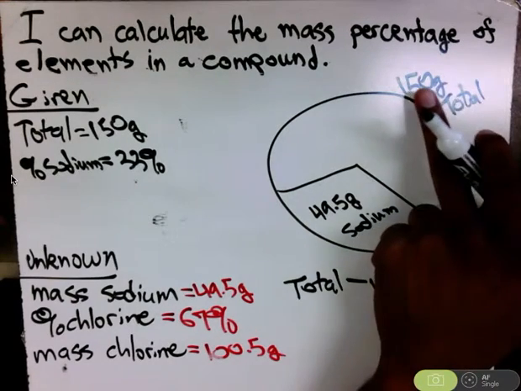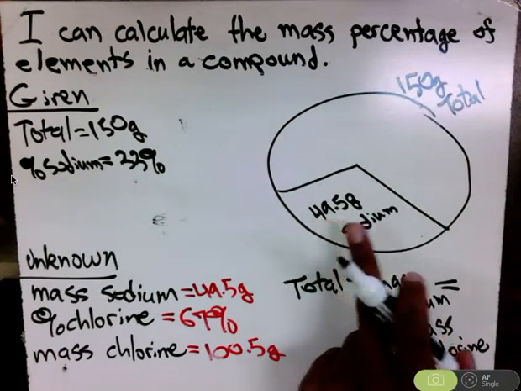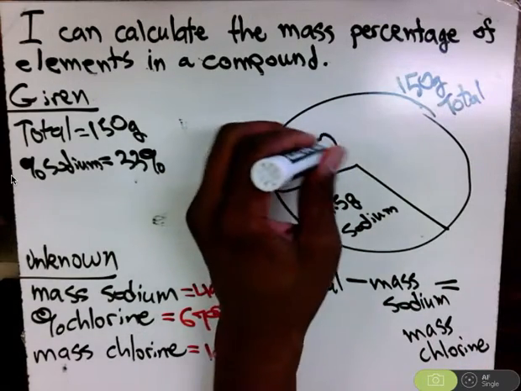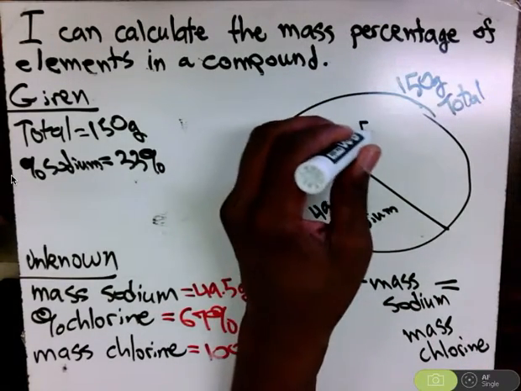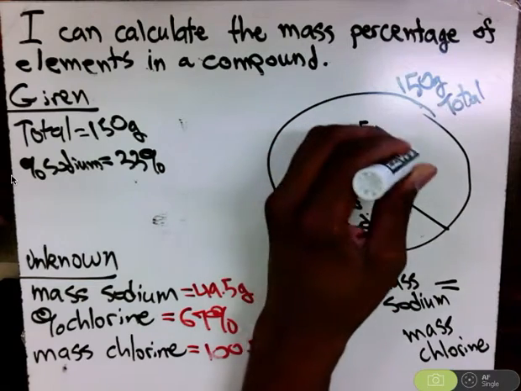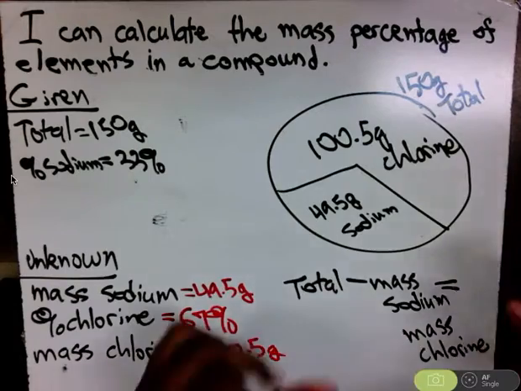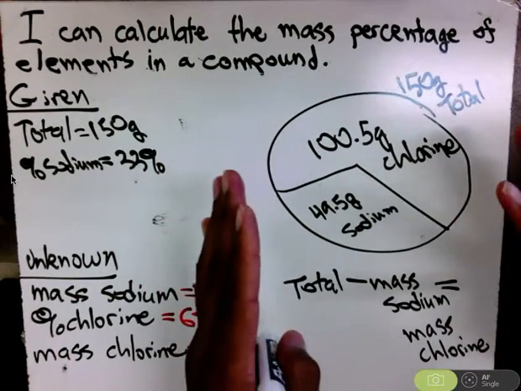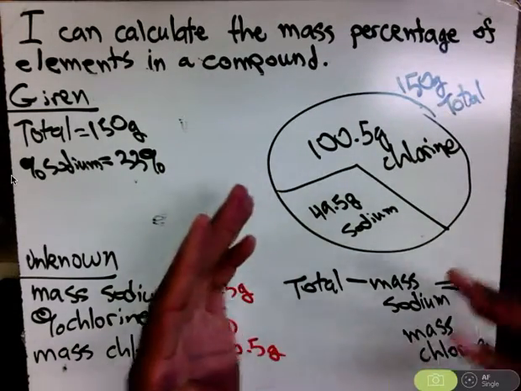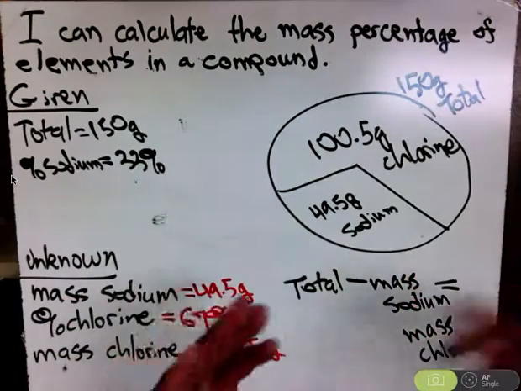So 150 minus 49.5 is equal to 100.5. And that's how you can find these unknown quantities. It's all about knowing what your total is and knowing what percent is going to give you what mass.